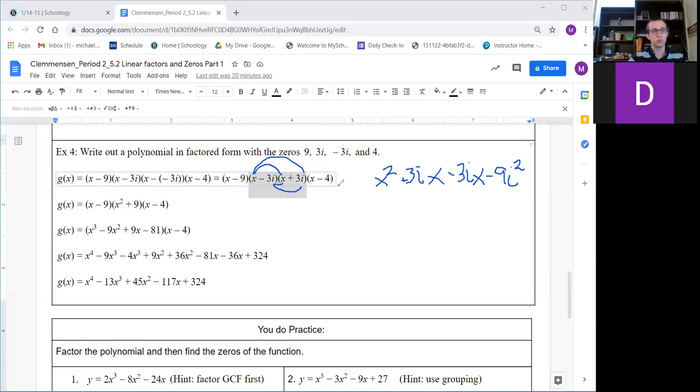One good thing to know that you should all be able to start realizing is that when we have two of the same thing with opposite signs, like 3i and 3i, but one of them's minus, one of them's plus, those middle terms are going to cancel. And so it's going to be easier than some of the other ones. So that's what I know is going to happen. Some of my stuff's going to cancel whenever I have these opposites. And so that's how I chose those two first. Other than that, like down here, it doesn't actually matter which one I chose first. It would have just ended up being the same thing in the end anyways.